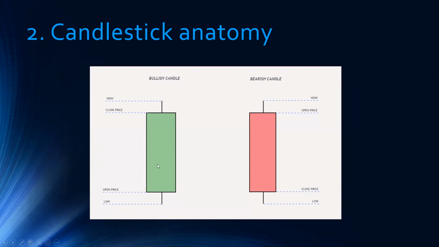The bullish candle we've got highlighted in green here, and what you have with the bullish candle is an open price. Say this is a 15-minute candle, on the 15-minute time frame.